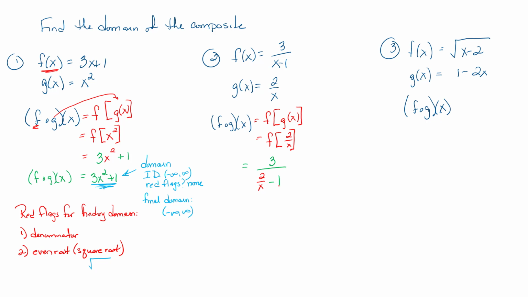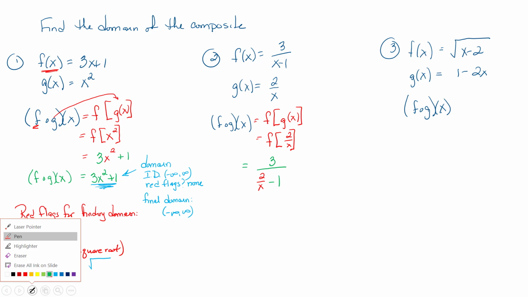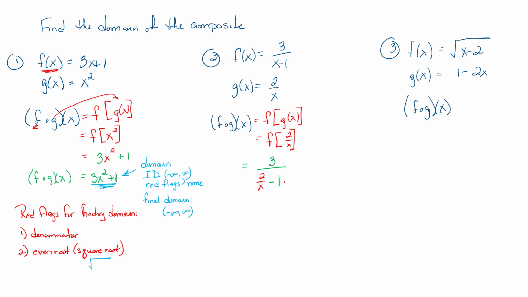So, let's simplify this. I'm going to simplify that denominator. And the denominator needs a common denominator in order for us to work with it. So, I'm going to multiply 1 over 1 by x over x, which then is going to give me 3 over 2 minus x all over x.